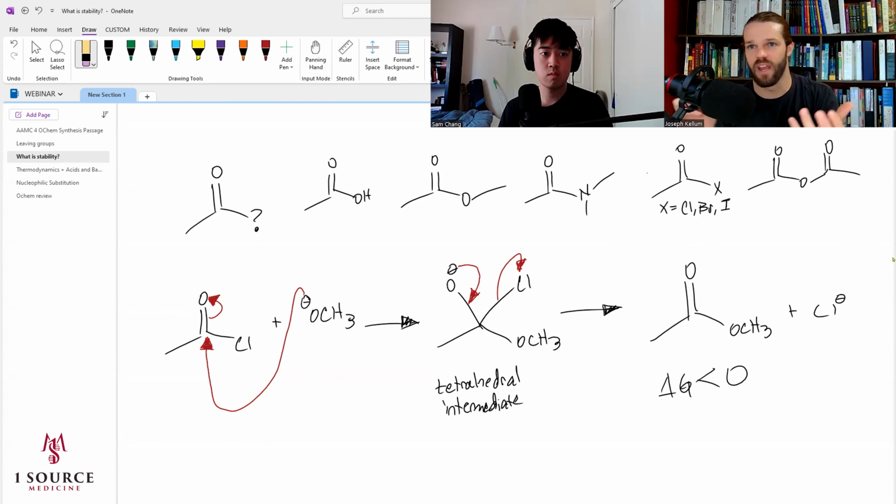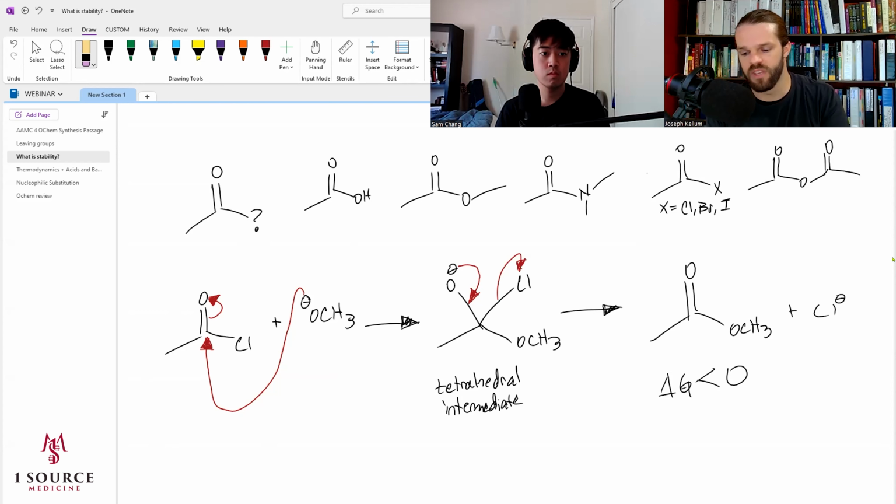In this whole reaction, the two least stable things in the mechanism I just drew were the OCH3 and the tetrahedral intermediate, which is not stable at all because it's an intermediate. And then the chloride, you can maybe make an argument that it might be something less stable, but chloride's pretty stable. So we want to think about the stability of the leaving group to determine the reactivity of one of these compounds.